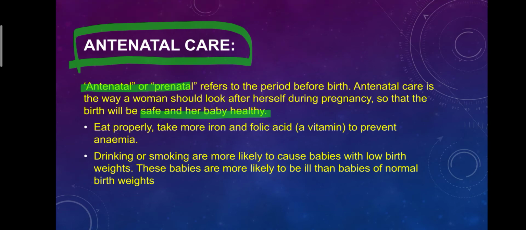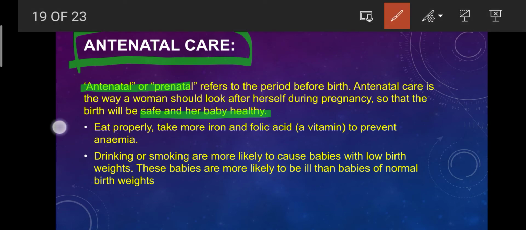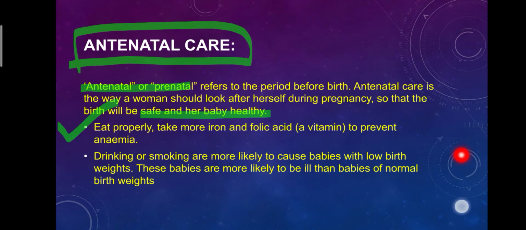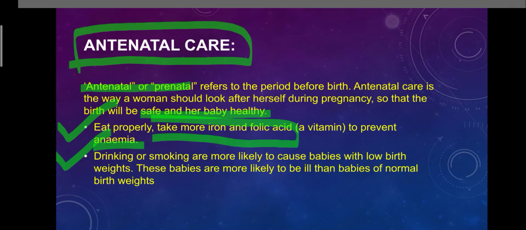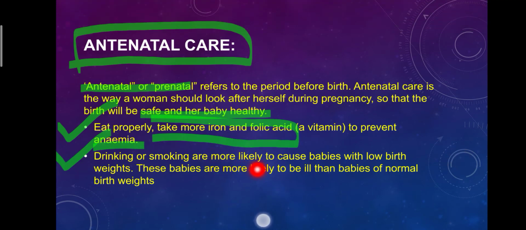So what are the main points of antenatal care? The pregnant woman should eat properly. She should take iron and folic acid, a vitamin, to prevent anemia. Drinking or smoking are more likely to cause babies with low birth weights.